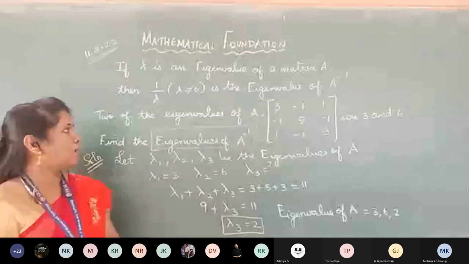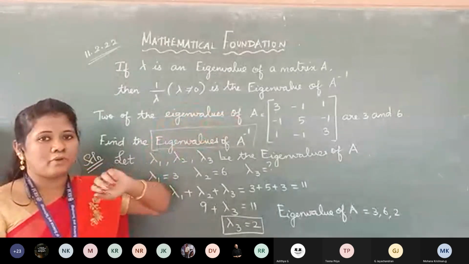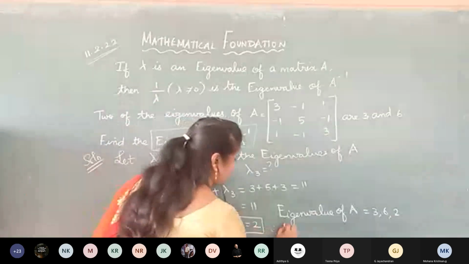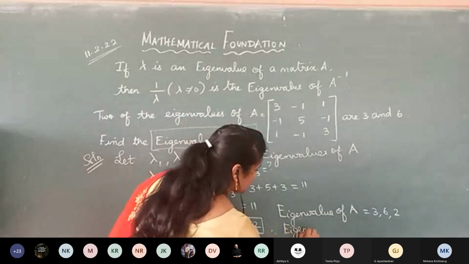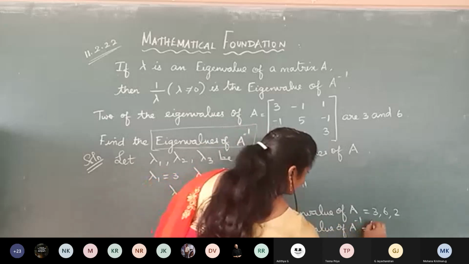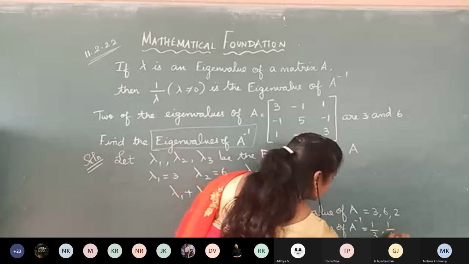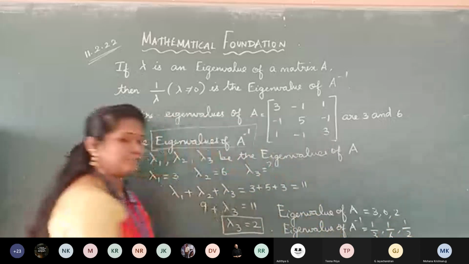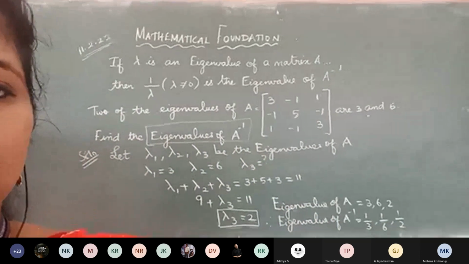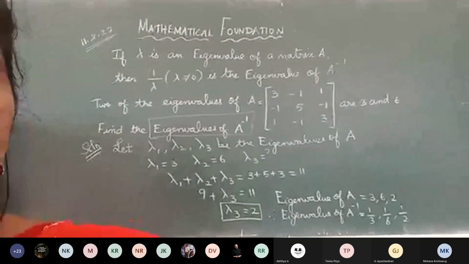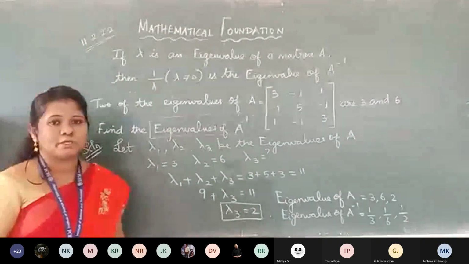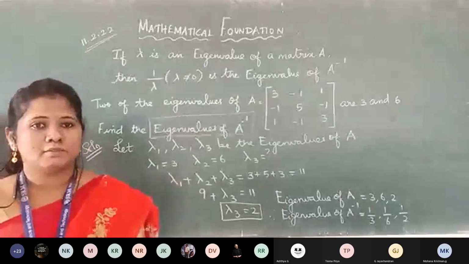Okay, by this property, for A inverse, it will become 1 by lambda. So therefore, what will be the eigenvalue for A inverse? The eigenvalues of A inverse will be 1 by 3, 1 by 6, and 1 by 2. Okay, so with that property, you can write this. Write it down. So this is how you're going to find out your eigenvalue for A inverse.